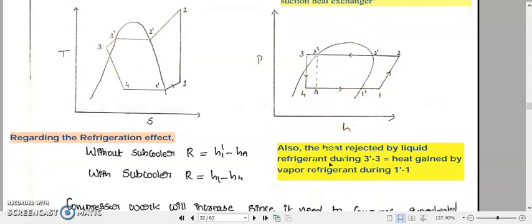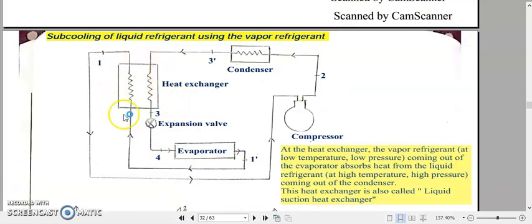Regarding the refrigeration effect, what will it be without the subcooler? The subcooler is nothing but the heat exchanger where the low temperature, low pressure vapor form of the refrigerant absorbs heat from the high temperature, high pressure liquid refrigerant coming out from the condenser.